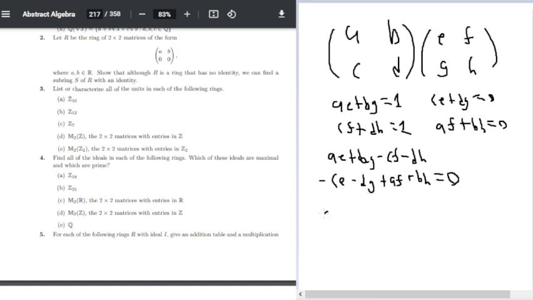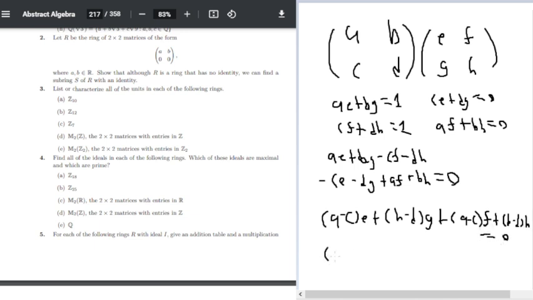So now we have that A minus C times E plus B minus D times G plus A minus C times F plus B minus D times H is equal to 0.